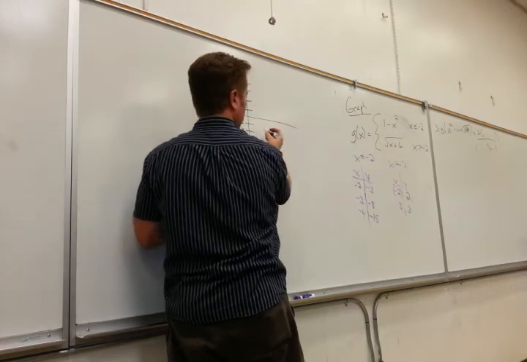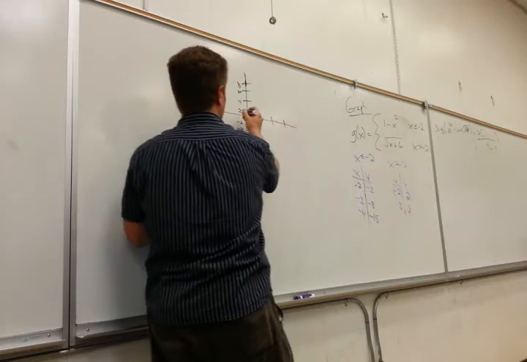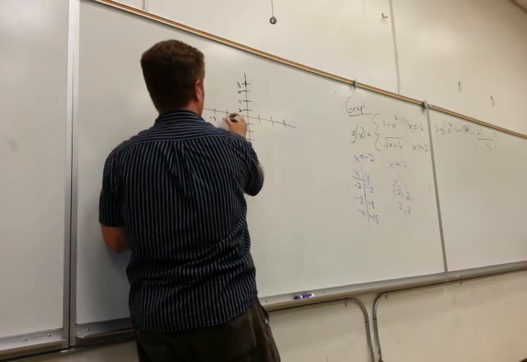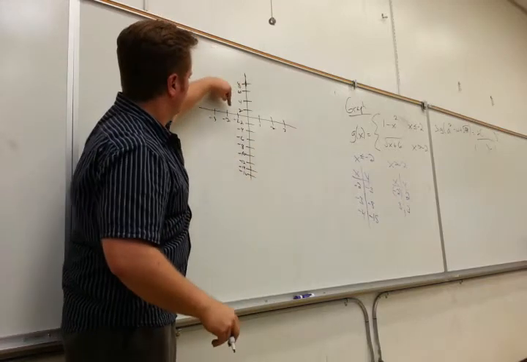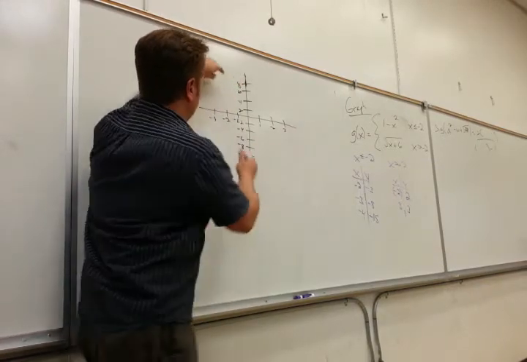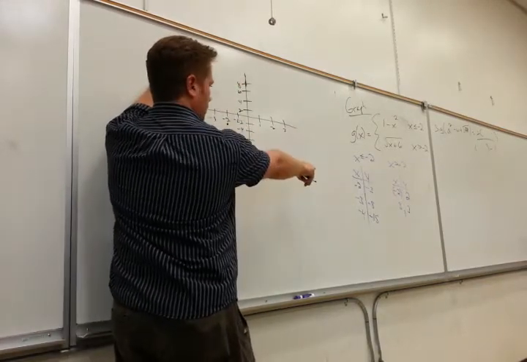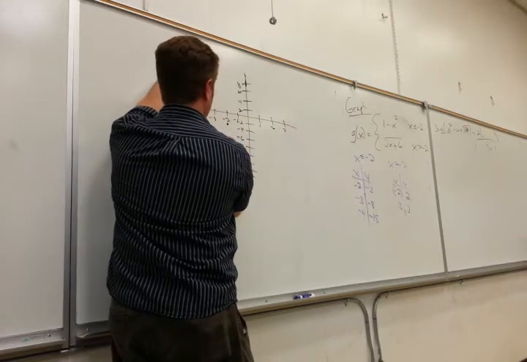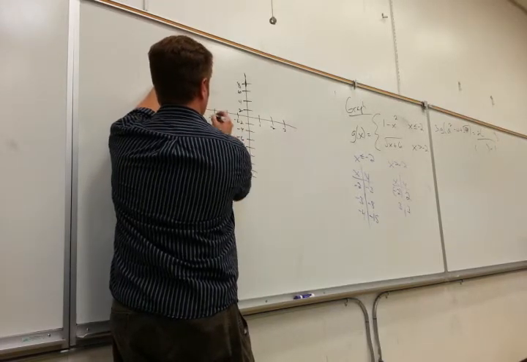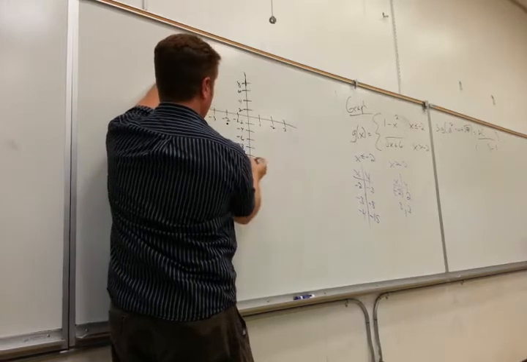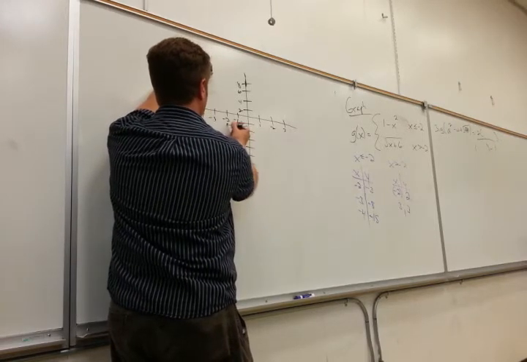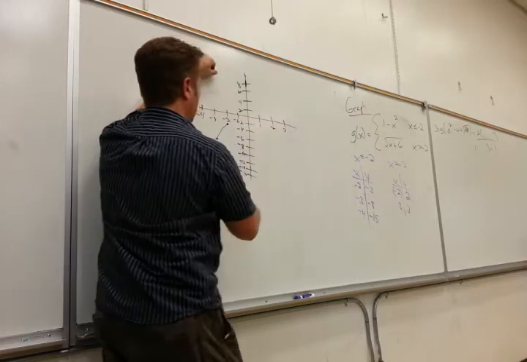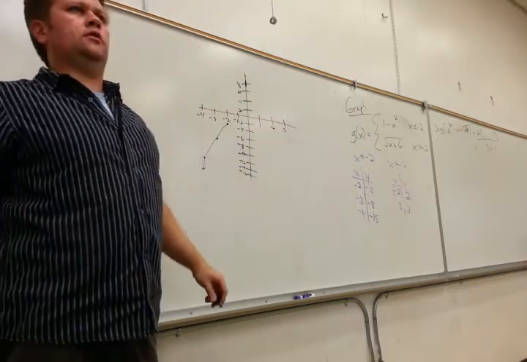Scale such as, so negative 2 is at negative 3. Negative 3 is at negative 8. Negative 4 is at negative 15. And that's parabolic, so it's going to go right?